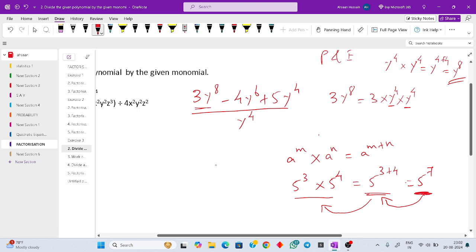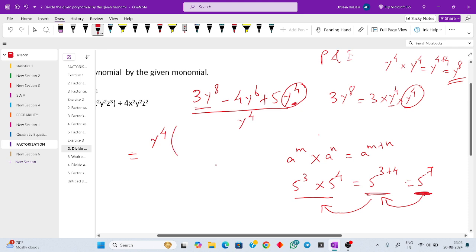Why have I taken y power 4? The reason is very simple. Because the minimum power of y here is 4, this will be our highest common factor, or the common factor here. So here we'll write y power 4 as our common factor.